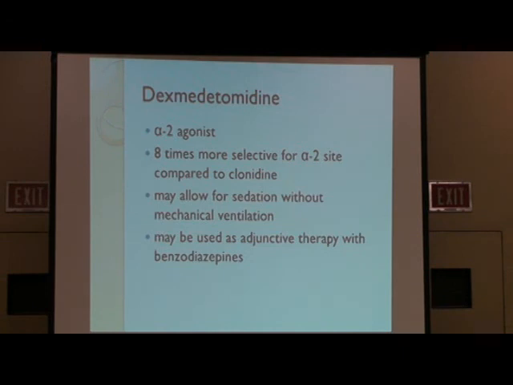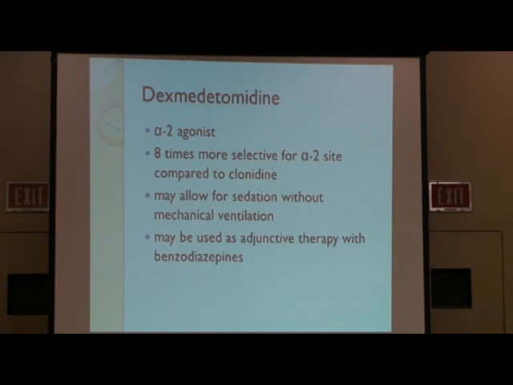I want to conclude by talking about a couple of drugs that are relatively new, and one that is not really new, but perhaps new options for us in terms of managing patients with alcohol withdrawal syndrome. Dexmedetomidine, an alpha-2 agonist, is an agent that can be used to decrease sympathetic drive. There are a number of case reports that show it to have some efficacy.